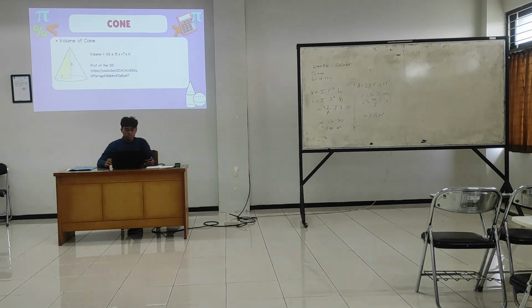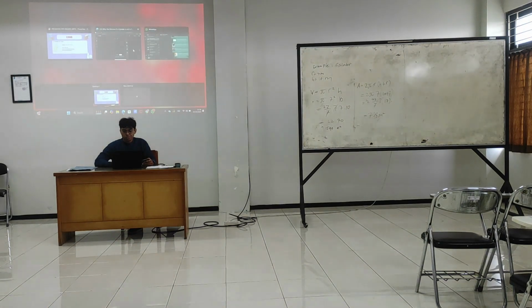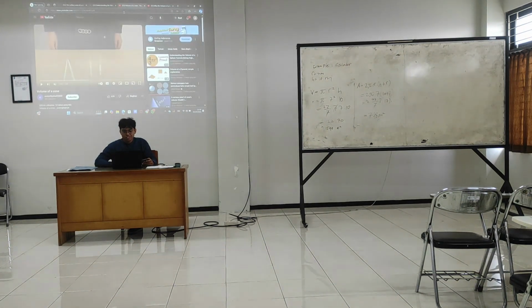So here the volume of the cone: volume equals 1/3 times pi r squared times h. And from where is the 1/3? Here is the video to see, guys.